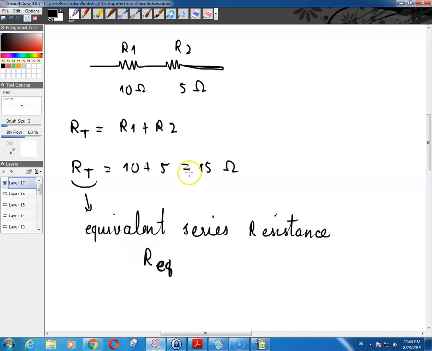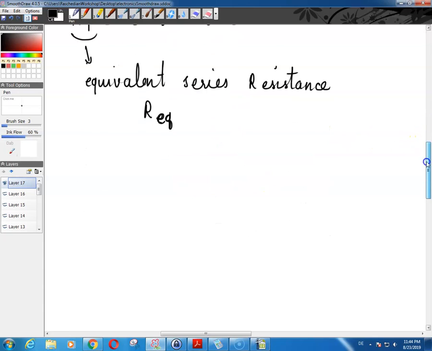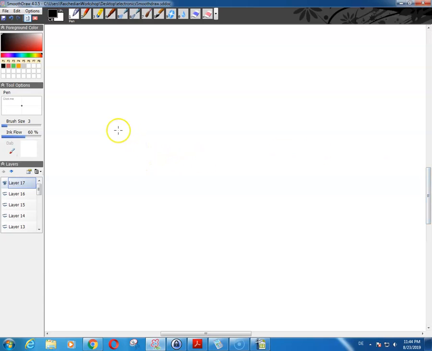Now as we mentioned before, it's also possible to connect resistors in parallel. So for example, if you connect a resistor over here with another resistor in parallel, and this is R1, for example 2 ohm, and this is R2, 2 ohm.